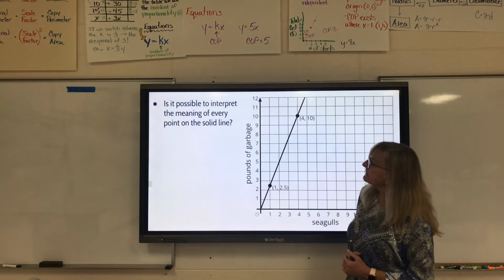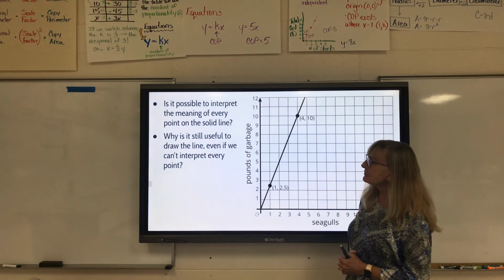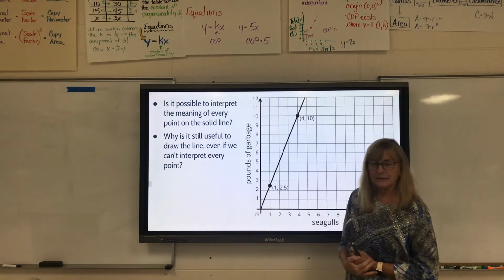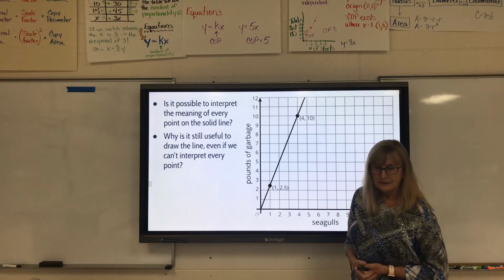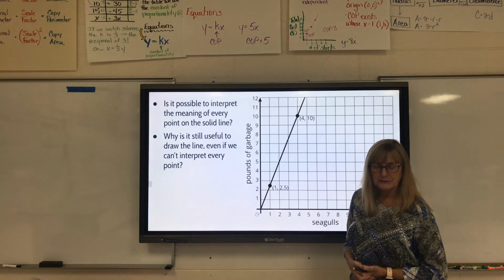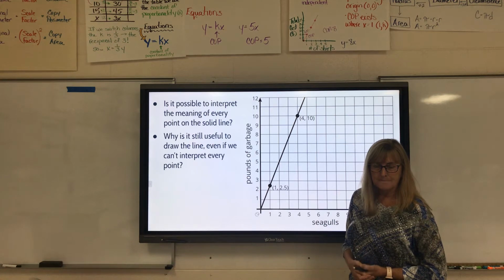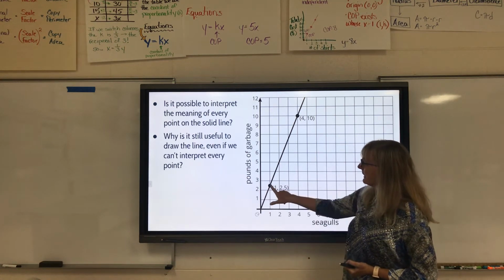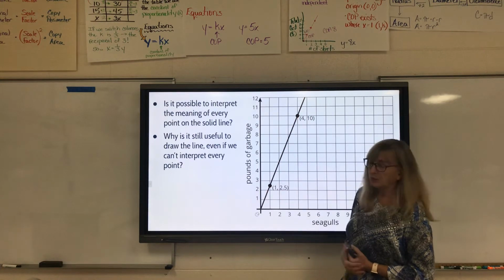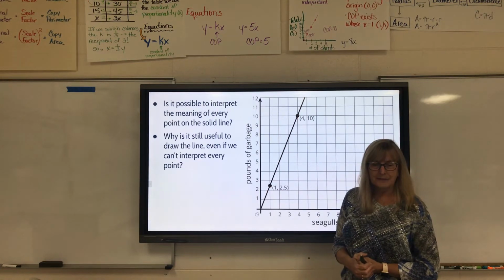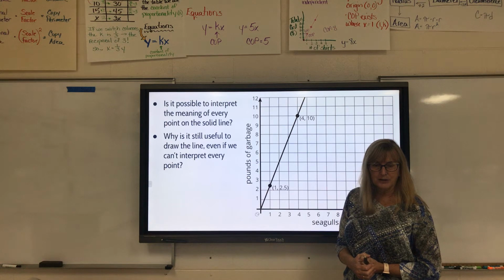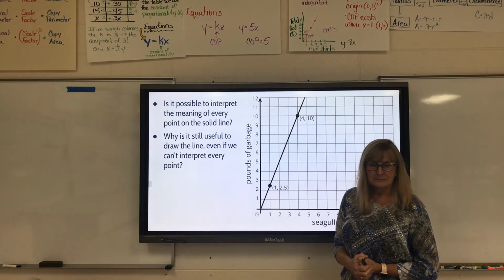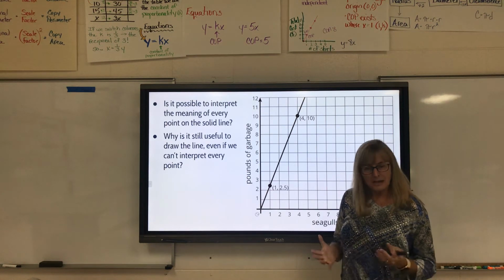All right. Why is it still useful to draw this line even though we can't have half a seagull? If all I gave you was this point and this point, could you tell me definitely it went through the point of origin? Probably not, maybe.